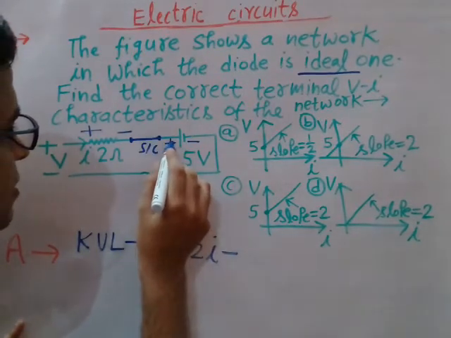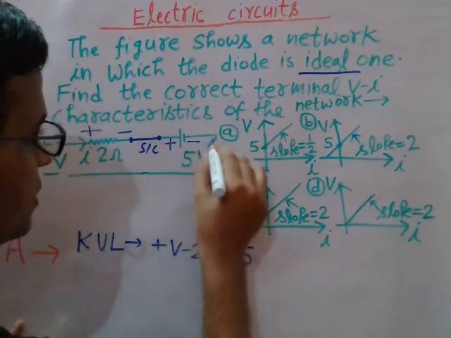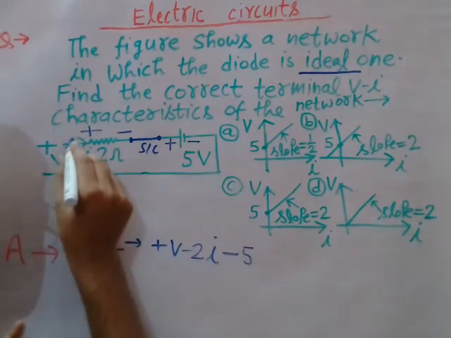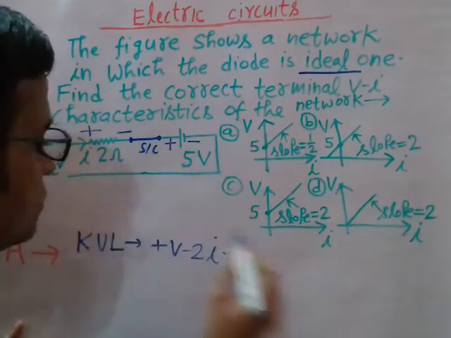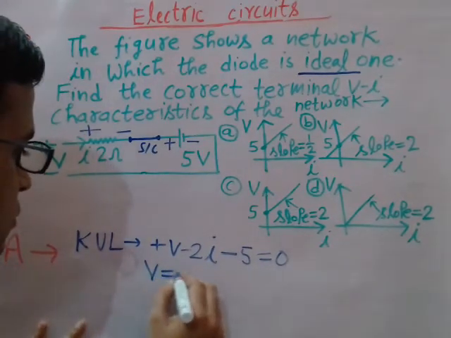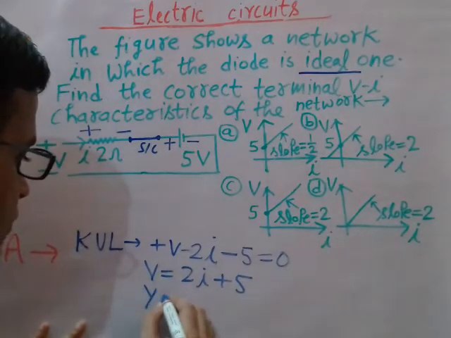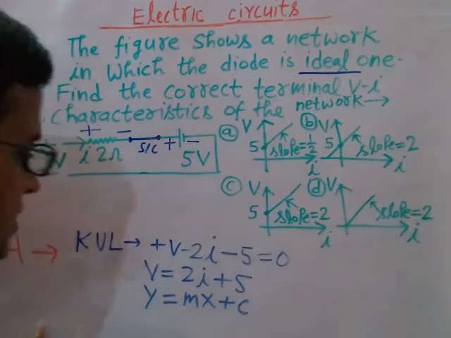Now come here, plus to minus, minus 5 volt, and you come back to the same point where you started, the loop completes. So plus V minus 2I minus 5 volt is equal to 0. So here you can write V is equal to 2I plus 5. This is the equation of the form y is equal to mx plus c.